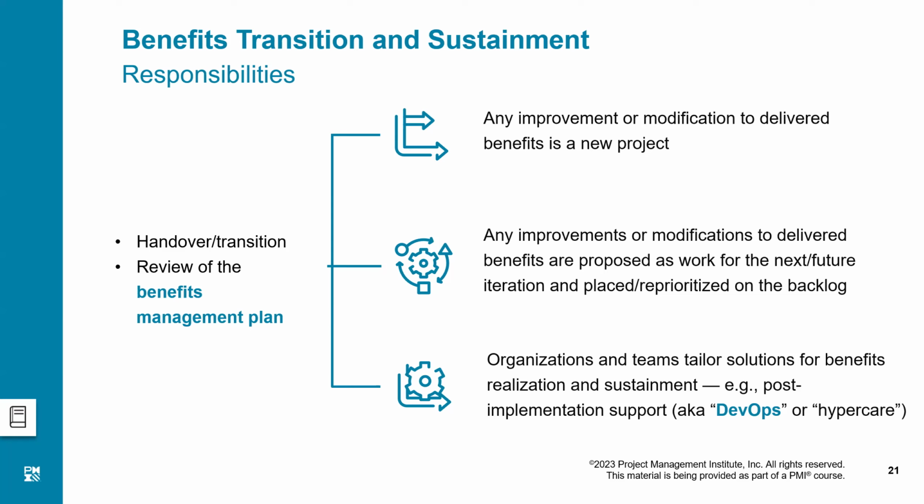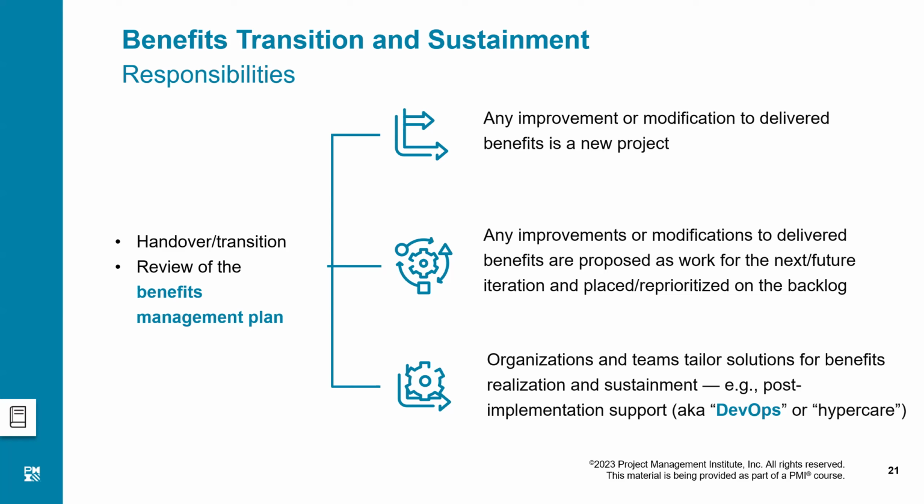So who is there to realize the benefit? Then they will also be transitioned and sustained, just like we transitioned the product of the project to someone. Naturally, this won't be the responsibility of the project manager because the whole project team has been disbanded.